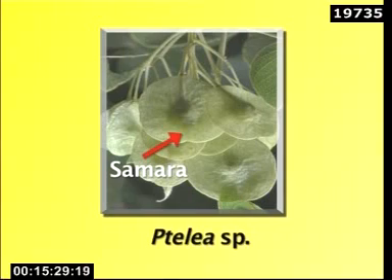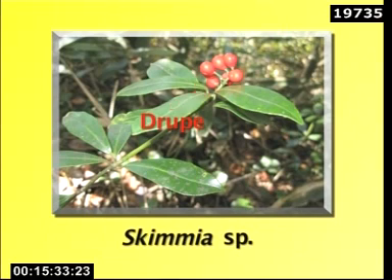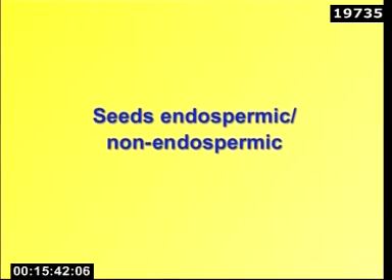It can even be a samara, as in Ptelea, a drupe, as in Skimmia, or rarely a winged berry, schizocarp, or even a follicle. The seeds in Rutaceae are endospermic or non-endospermic with a curved or straight embryo.